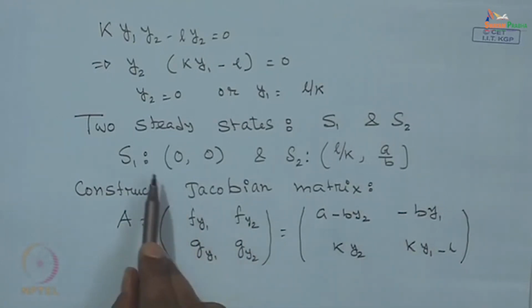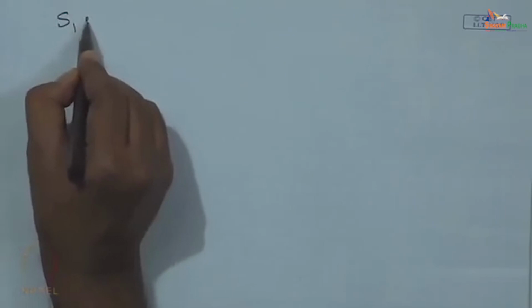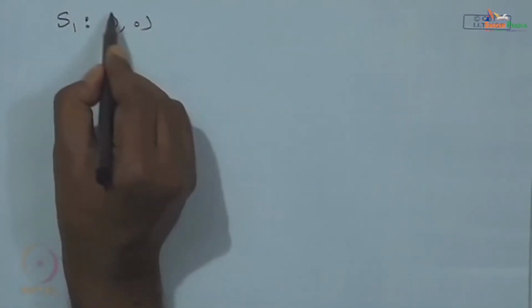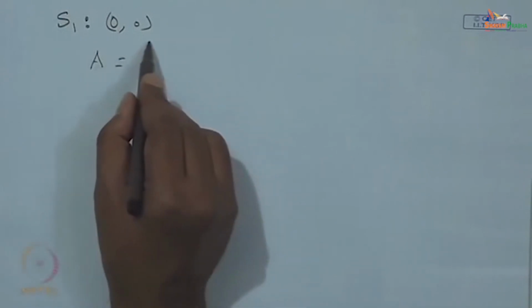Now, we take up the steady state S1 and evaluate the Jacobian matrix A and look into the stability by looking into the trace and the determinant conditions. So, consider steady state 1, that is nothing but (0, 0). Evaluate the Jacobian matrix at (0, 0).